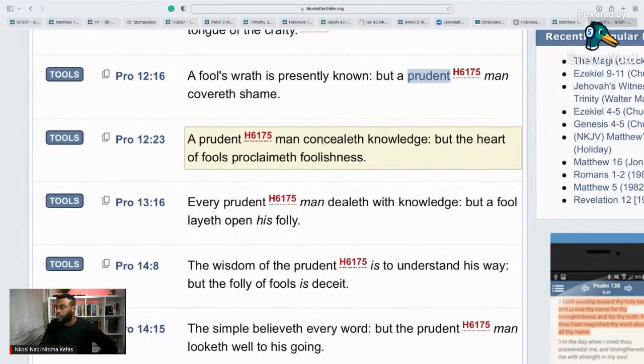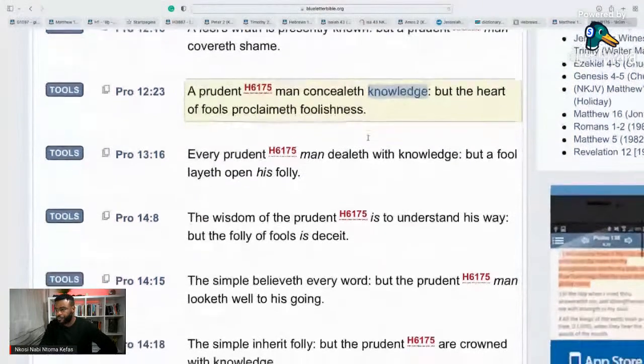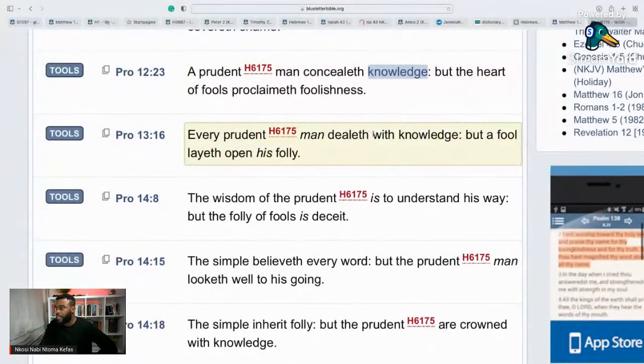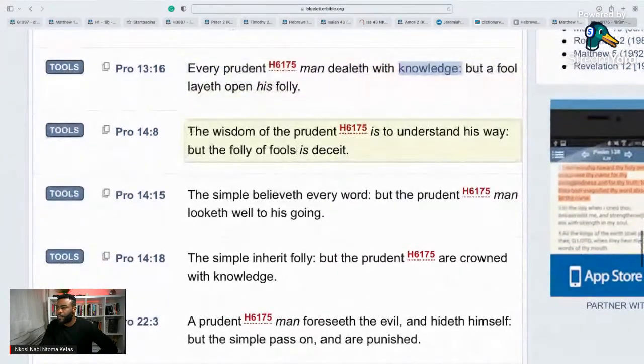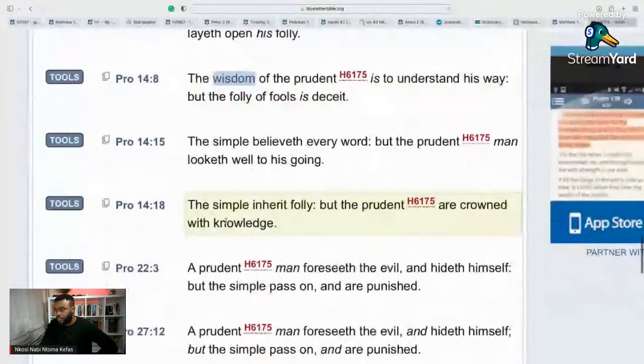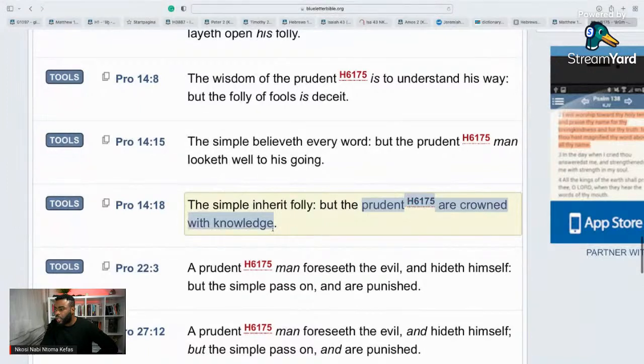A prudent man conceals knowledge. See that? Every prudent man deals with knowledge. Here, the wisdom of the prudent is to understand his way. Wisdom. The simple inherit folly, but the prudent are crowned with knowledge.